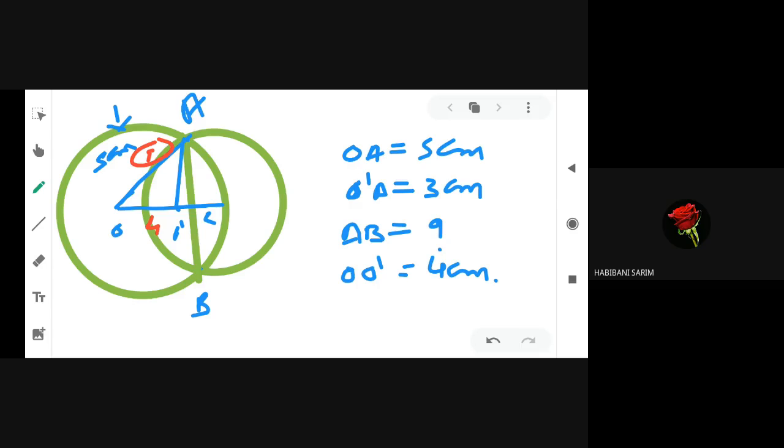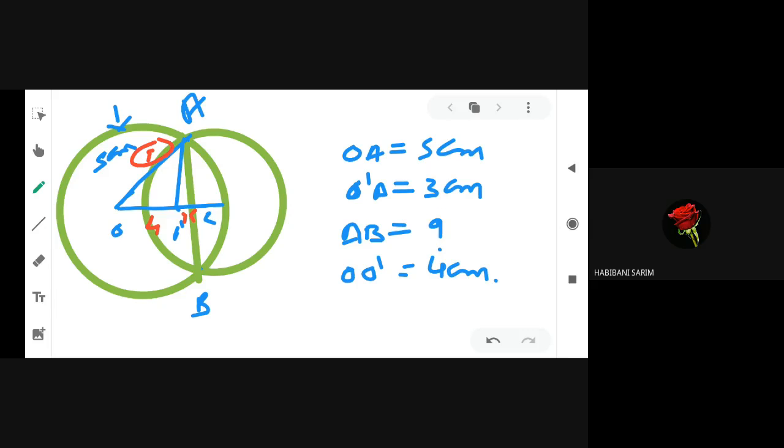Here we have to find AC, and for finding AC we have no value of O prime C. Here you can see this O prime and C, between this you can see my cursor. We have no idea about O prime C, so I am supposing x here.